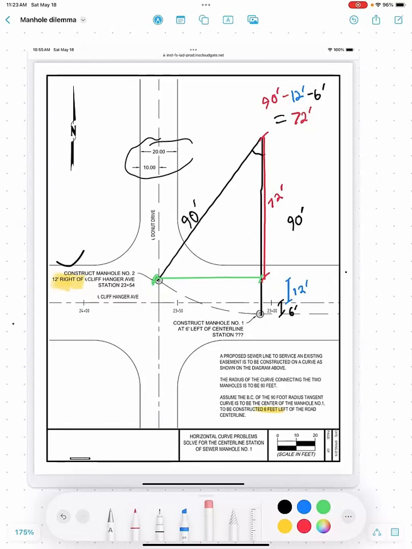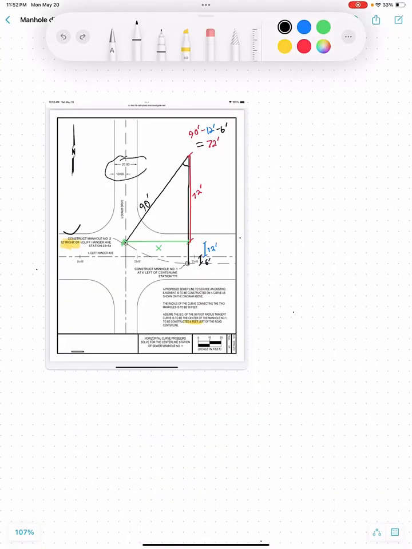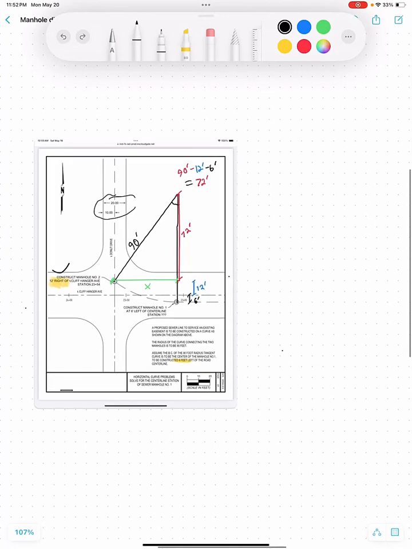Everybody see how I got that? I'll eliminate that guy to stop the confusion there. And now this is a simple theorem, right? So we're going to finish the last piece of this, which is just applying the Pythagorean theorem.